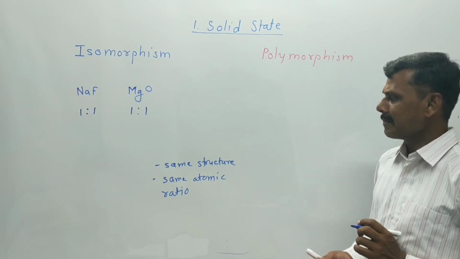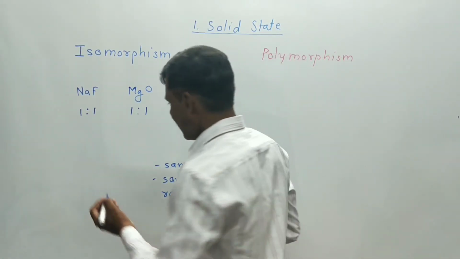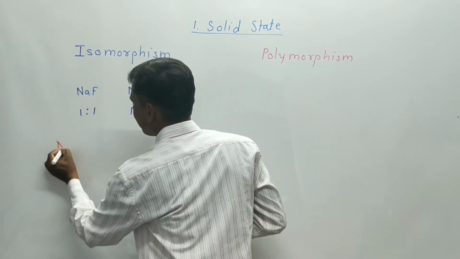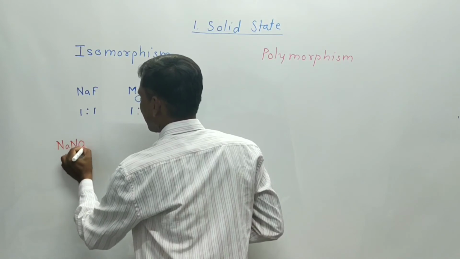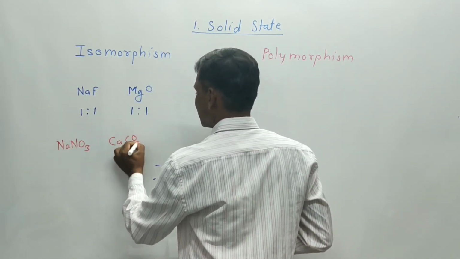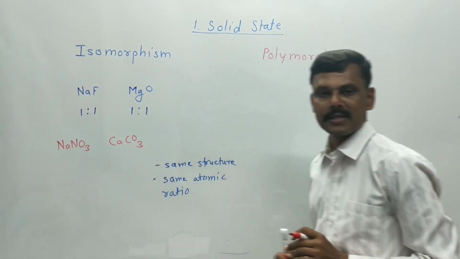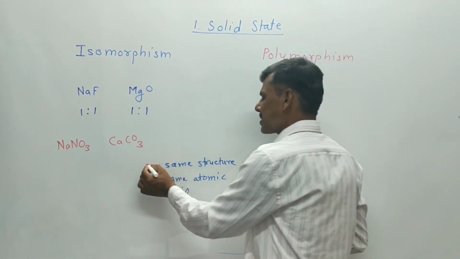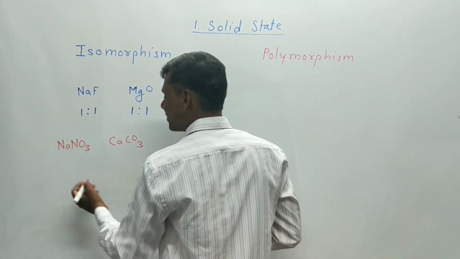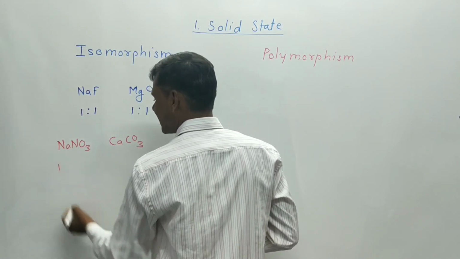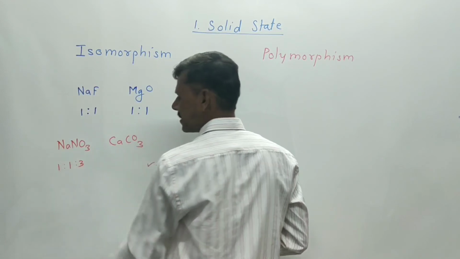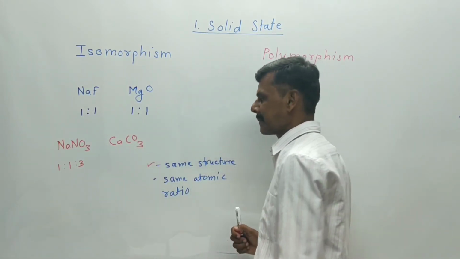Consider another example, that is NaNO3, sodium nitrate, and calcium carbonate, two different substances, they have same structure. If we determine their atomic ratio, so one sodium atom is there, one nitrogen atom, three oxygen atom, so the ratio is 1:1:3.